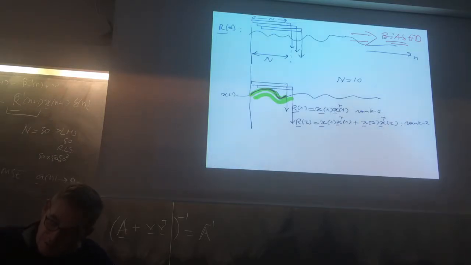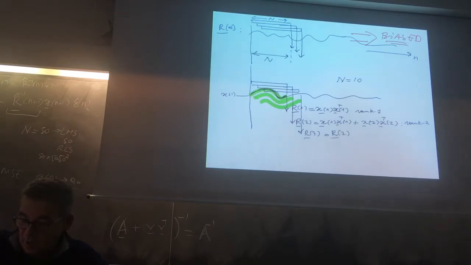So I take another block, which means taking this set of data. Then from here I compute R3, which is equal to R2 plus X3, X3 transpose.